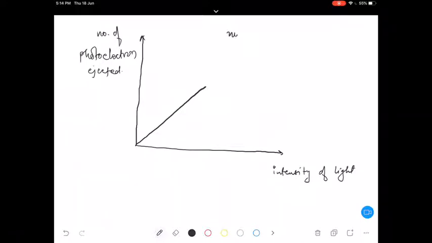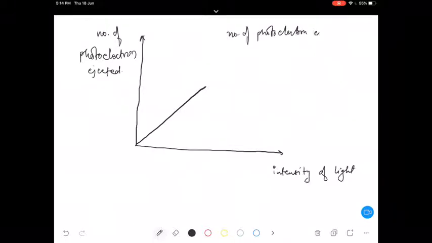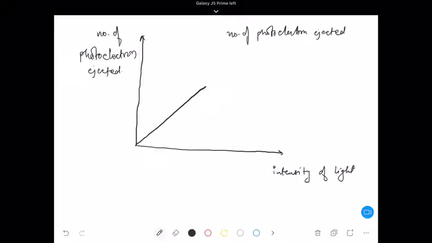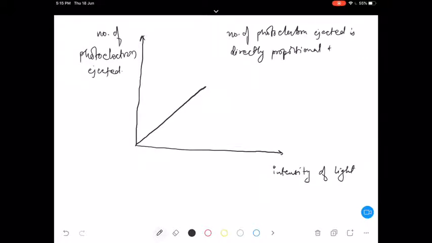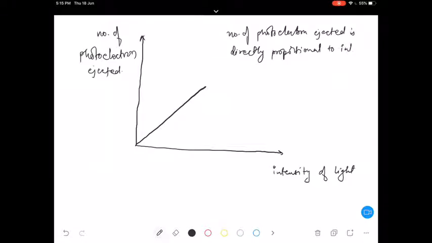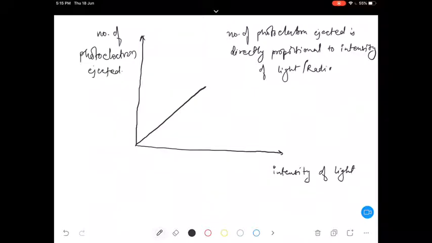Means you can write number of photoelectrons ejected is directly proportional to intensity of light or radiation incident.